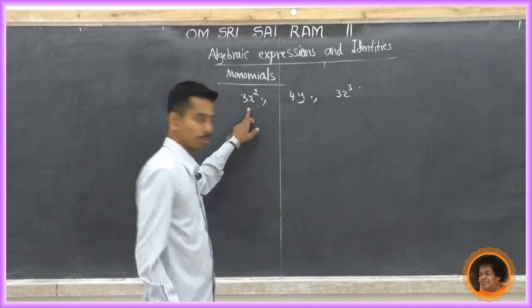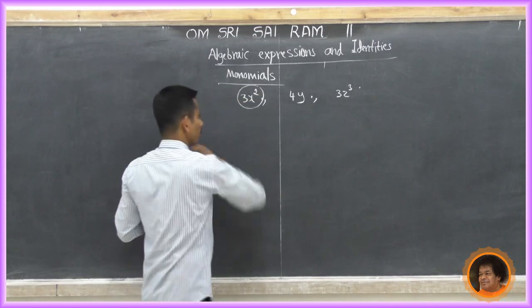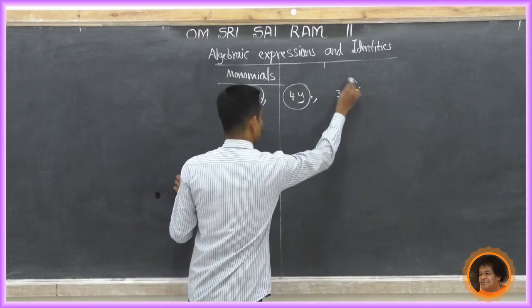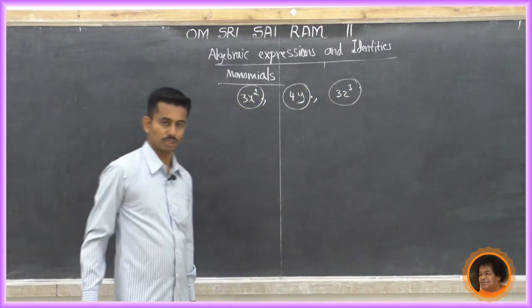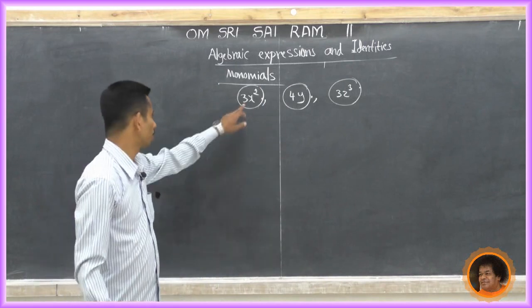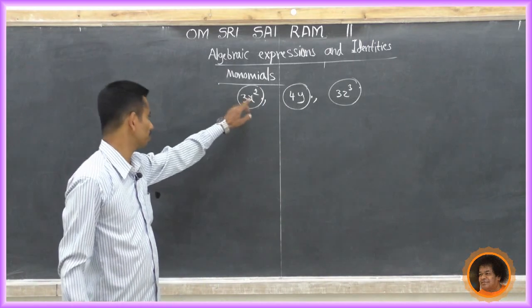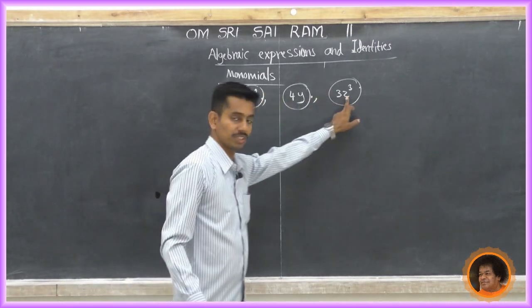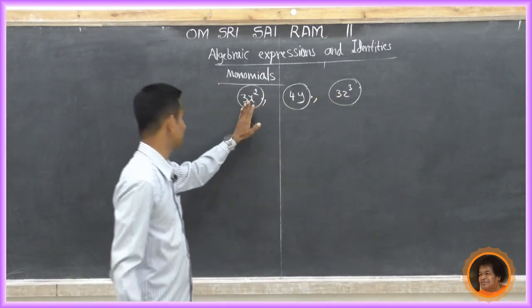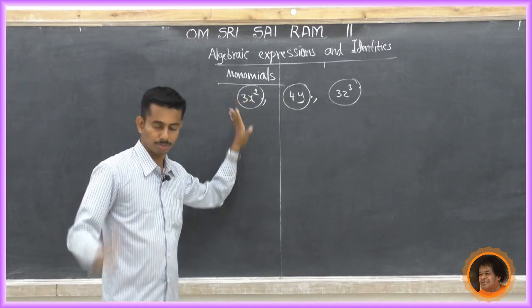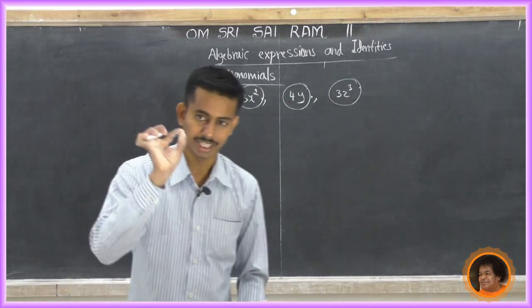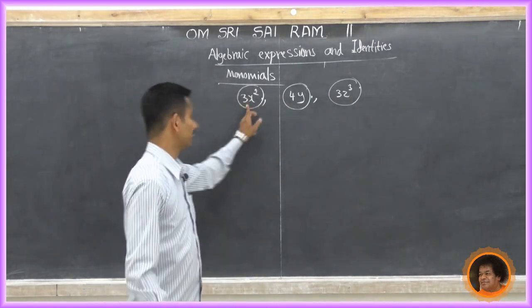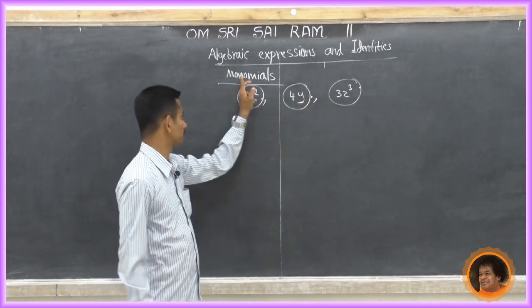So 3x squared is a monomial, 4y also a monomial, 3z cube is also a monomial. So what is monomial? Monomial means an expression which contains a single term. Very simple.